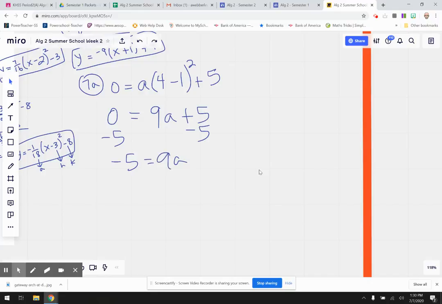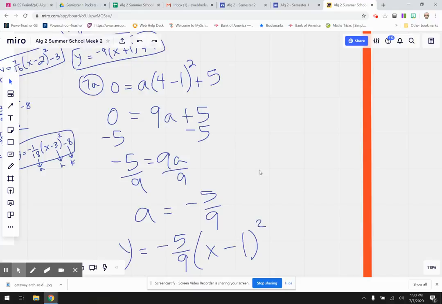And then dividing by 9. So your a value is negative 5/9. Our equation would be y equals negative 5/9 times x minus 1 squared, and then plus 5.